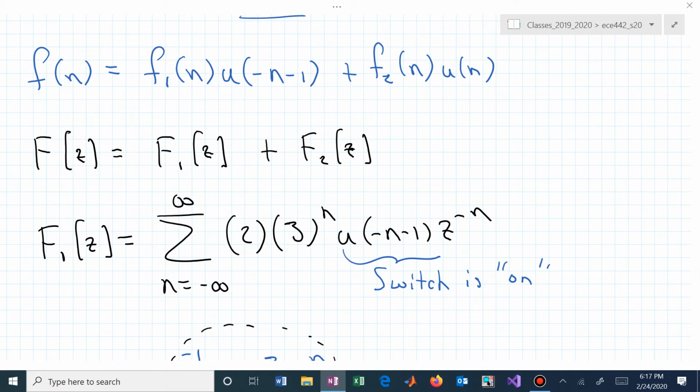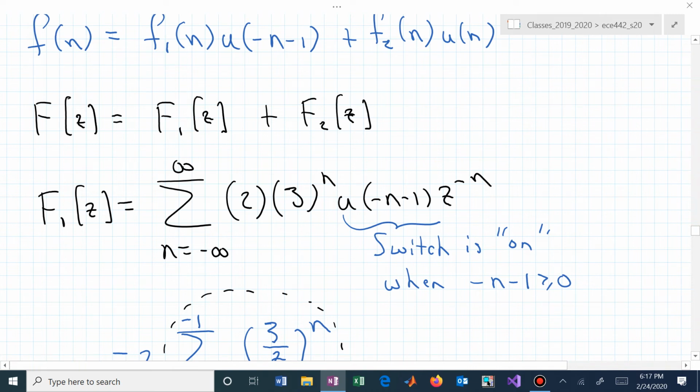When is that switch on in this z-transform expression for little f sub 1 of n? What do we know about the argument of that unit step? It's on when it's non-negative, isn't it? We now need minus n minus 1 to be bigger than or equal to 0.